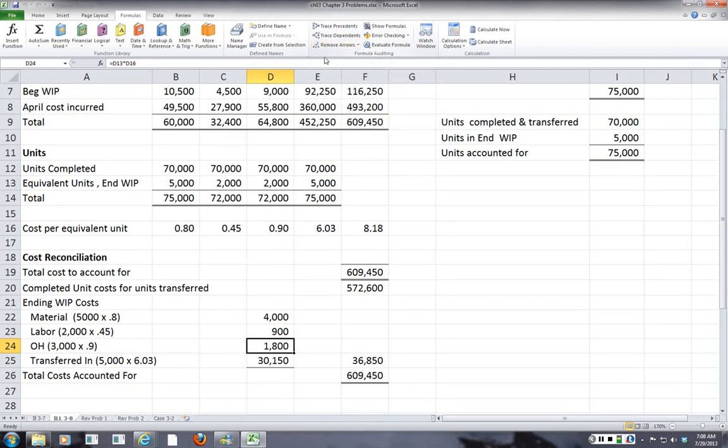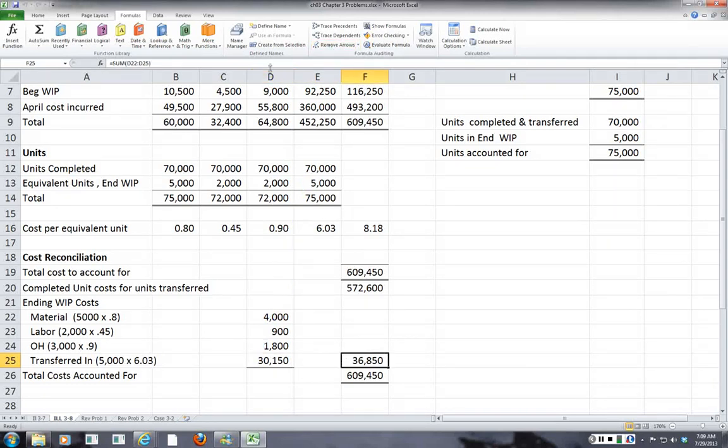And that gives us our $1,800. And to that, we're going to add $30,150, which is taken by taking 5,000 units and multiplying it by $6.03. 5,000 units is our ending inventory.